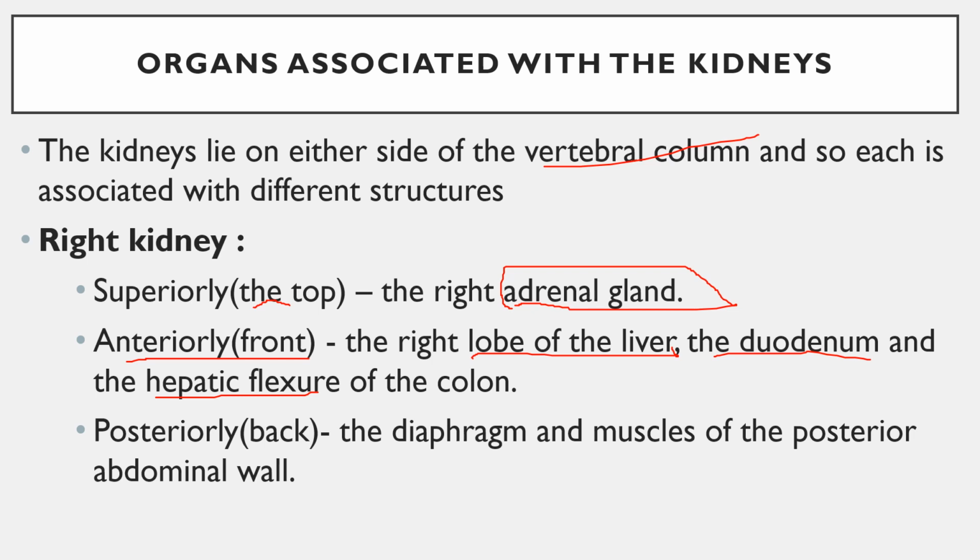You'll see that when you are doing the gastrointestinal tract system, but here they are just telling you what you will find in front of the right kidney: a lobe, which is a portion of the liver, the duodenum, a portion of the small intestine, and the hepatic flexure of the colon, which is a corner of the large intestine.